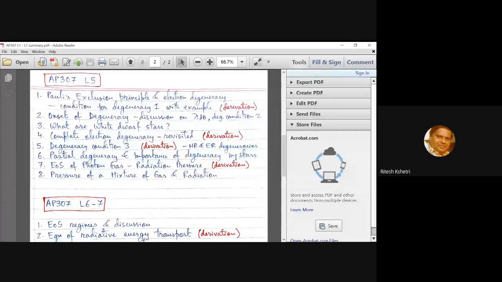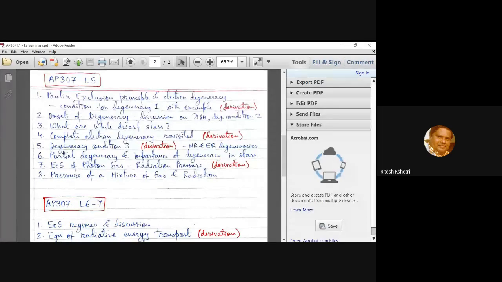Now, after that, we again revisited our complete electron degeneracy scenario, and we arrived at the third derivation of how to obtain degeneracy scenarios, and we discussed both non-relativistic and extreme relativistic cases.